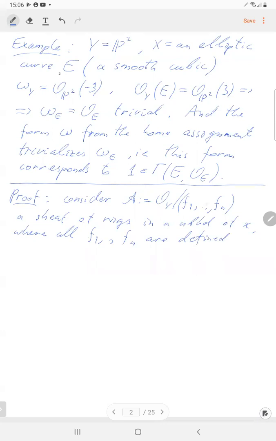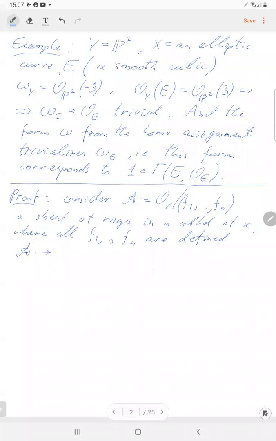Recall that those f1 and so on, fn are local functions. They're defined on some open neighborhoods of this point small x. We take the intersection of those neighborhoods where all the functions are defined.